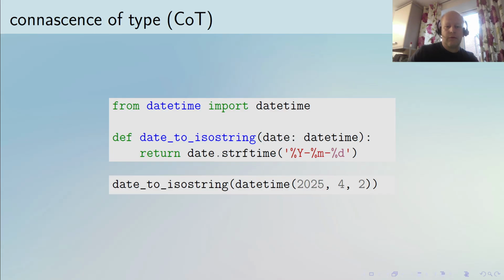In the second block, there's a call to the same method, creating a datetime object and passing it to the method. Obviously, if you change the implementation of date to ISO string to use a different type of date object, the types of the method arguments on each call site have to change as well. So this is connascence of type.